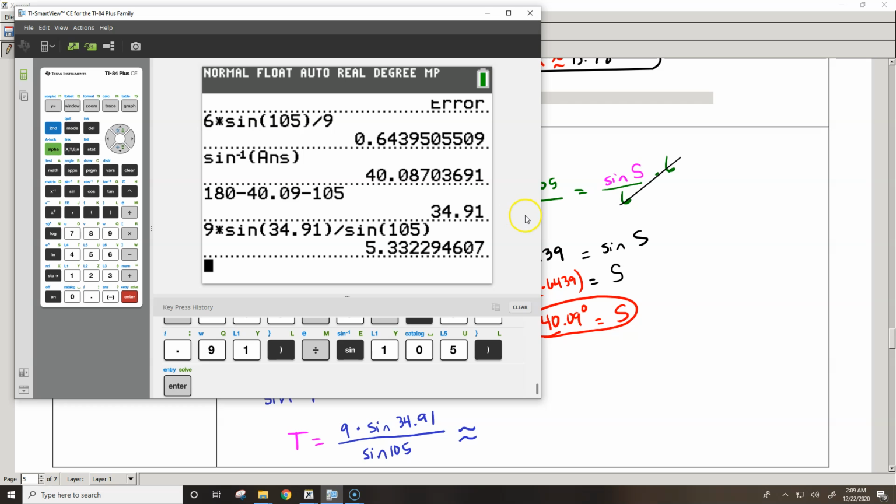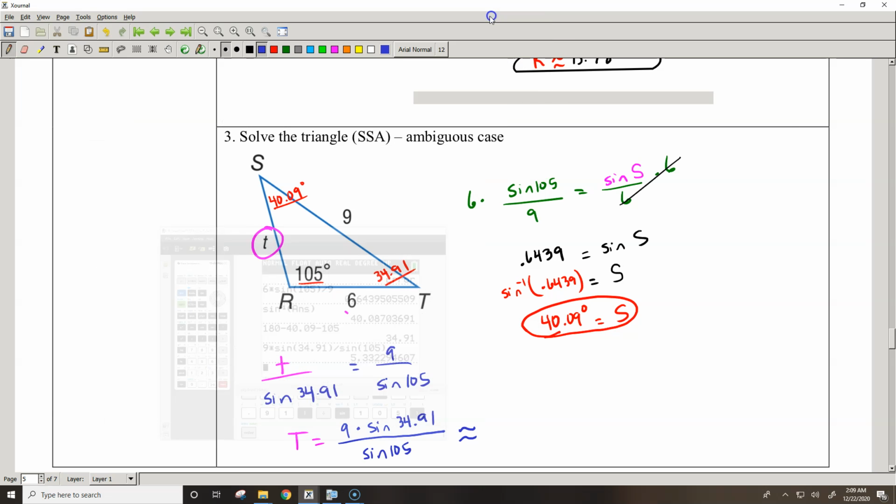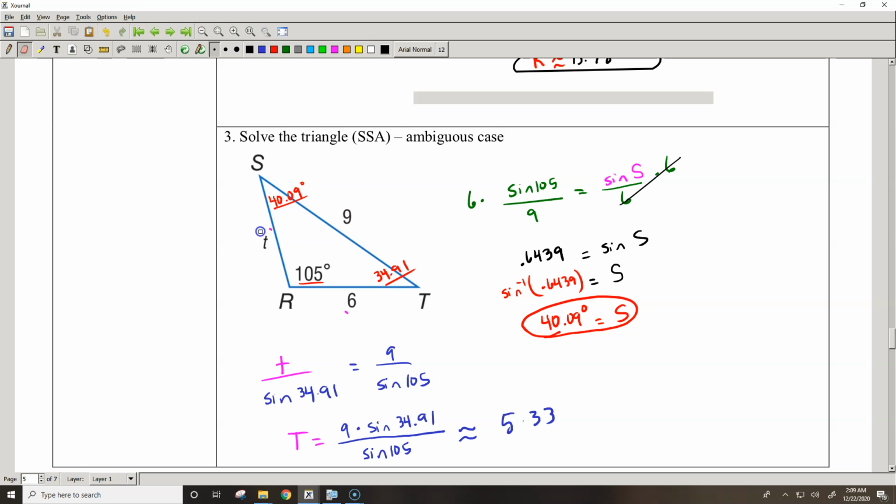So the answer is about 5.33. So T is 5.33, and there is our third piece of information, and now we have solved our triangle. So this side, that angle, and now we have everything.